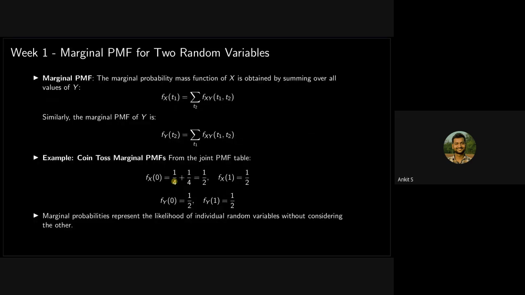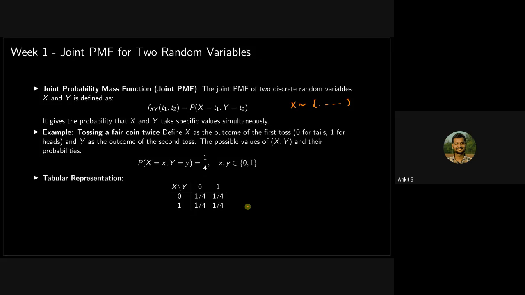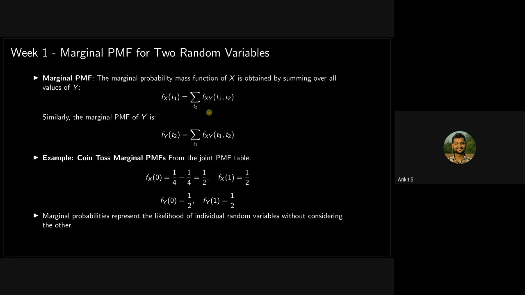Then we had the marginal PMF. What is the marginal PMF? In the case of jointly distributed random variables, we have two random variables, and we are generally interested in finding the probability that both of these will take some value together. But in the case of the marginal distribution, we are interested in finding the probability that a single random variable will take some value.